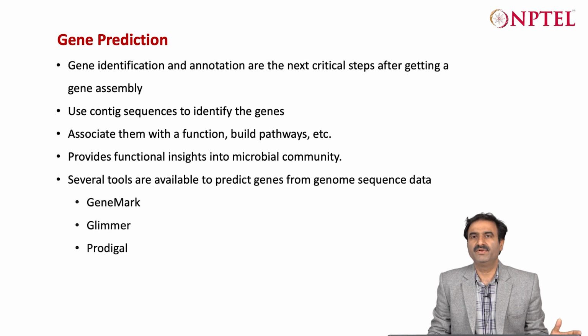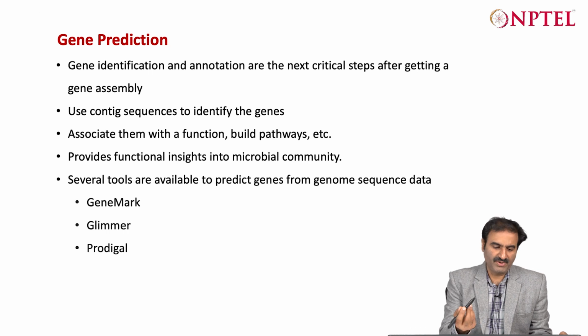Gene prediction happens after you have got a new genome, or there is a gene that was unannotated and you want to find the function of that gene. Or you have a set of sequences which you want to classify in terms of function, pathways, or ontology or orthology based annotations, and then later put them into pathways.